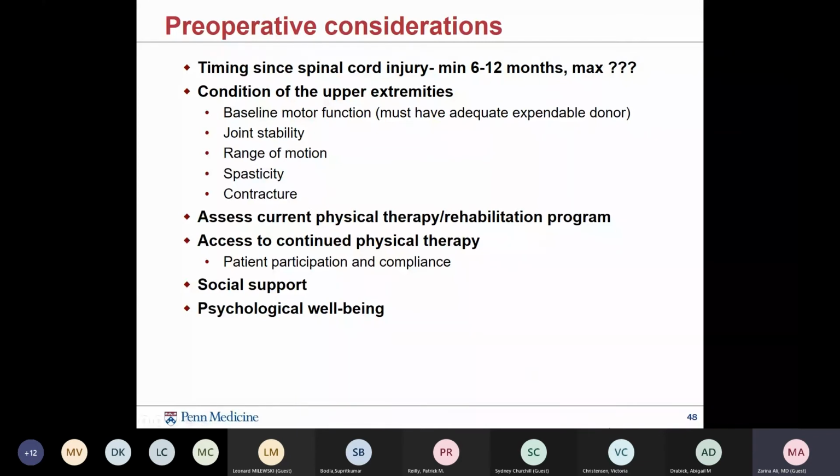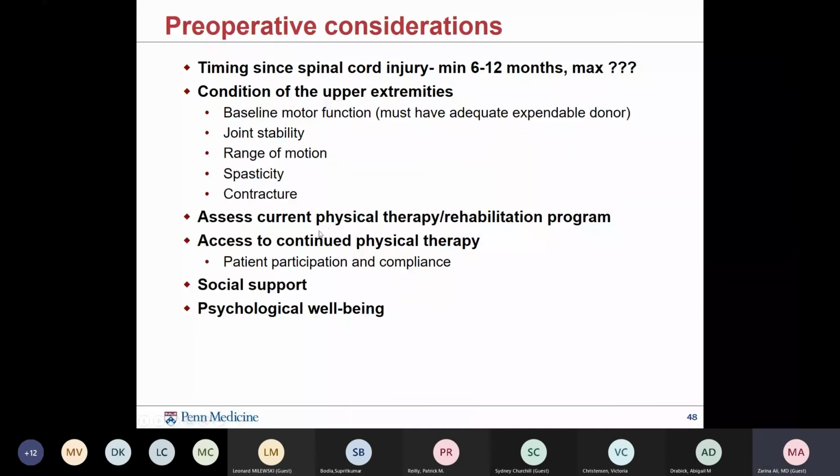And then we really rely, and this is where a multidisciplinary approach comes into play, because we want to make sure that they continue to have stable joints, their range of motion is good, and we're reducing things like spasticity and contracture formation. Even if we have a great nerve transfer option, if they are completely contracted at the site of the joint, it's going to limit the benefit of the nerve transfer.